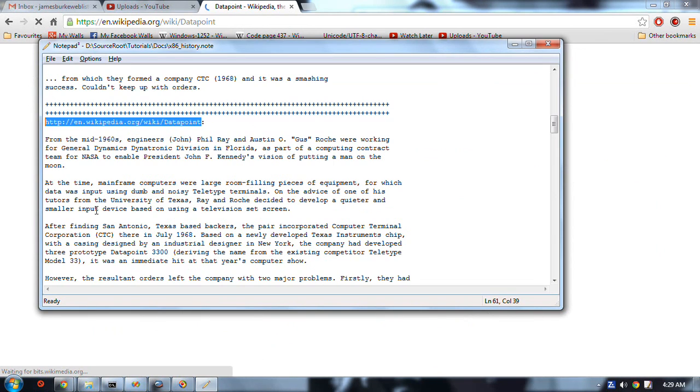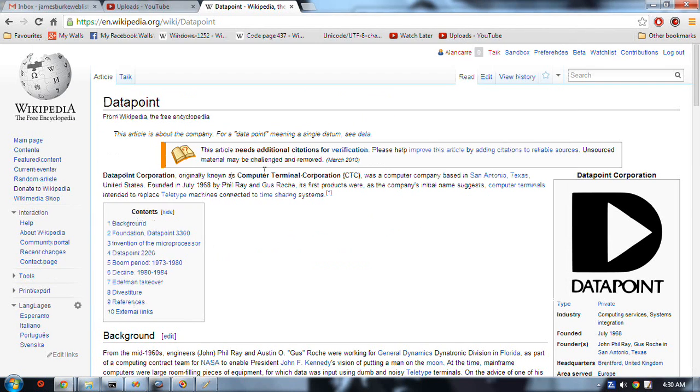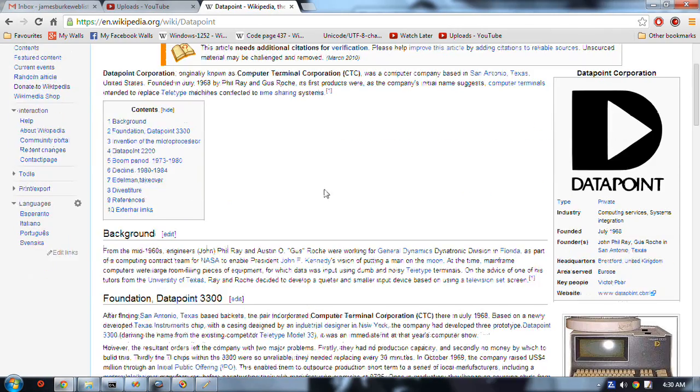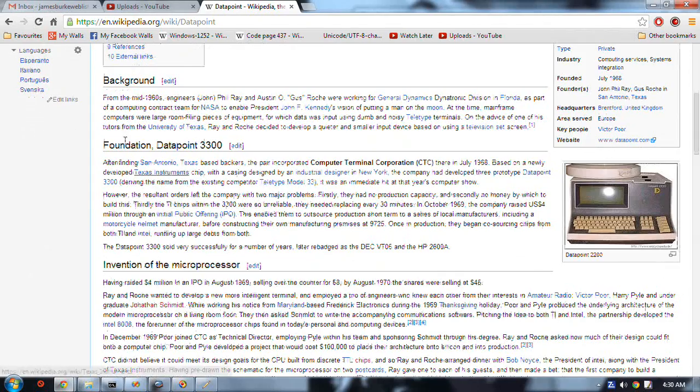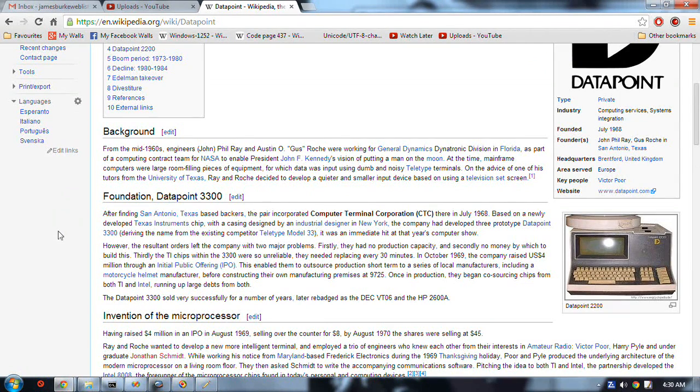I think they started a company called CTC, which became Datapoint. Okay. Yeah, Foundation Datapoint. These are the guys that actually invented the microprocessor, turned out, by accident.